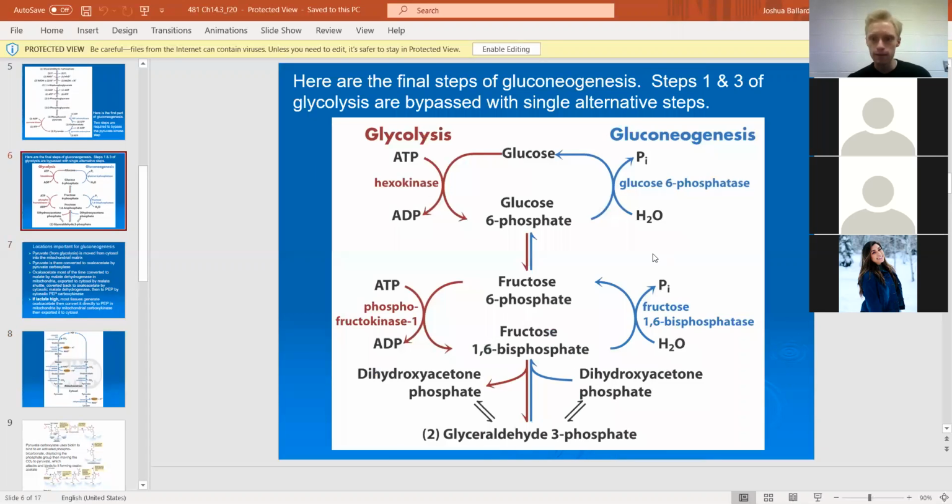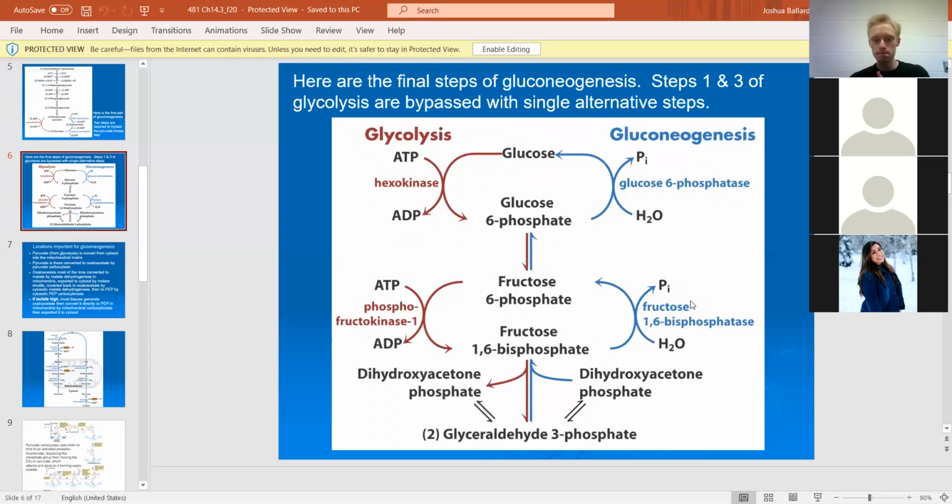Steps 1 and 3 of glycolysis are bypassed with single alternative steps. The bypass steps are just a way around the later steps of glycolysis, if that makes sense. Yeah, that's helpful. Thank you.